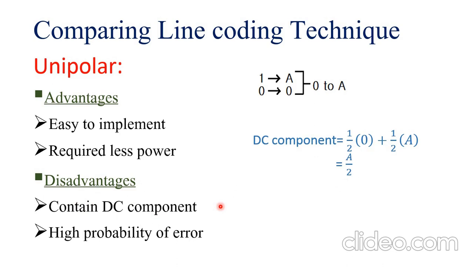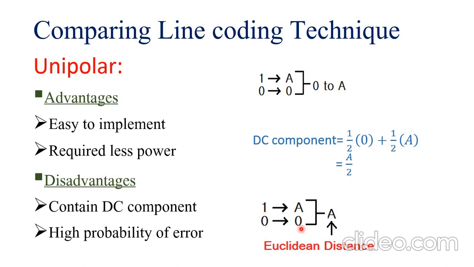And in this line coding technique, there will be high probability of error. Why? The reason is when you send ones and zeros, you will be forwarding amplitude A and 0. For 1 the amplitude is A and for 0 the amplitude is 0.